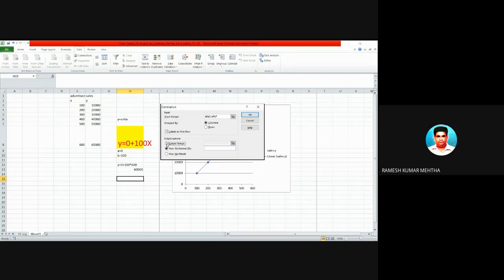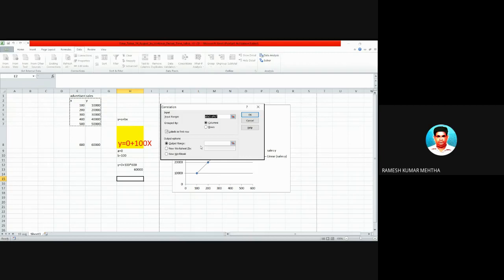Next one is output range. You have employed correlation on this data. So now it is going to automatically calculate the correlation between the x variable, that is the independent variable, and the y variable, which is the dependent variable, and then it is going to give the output.